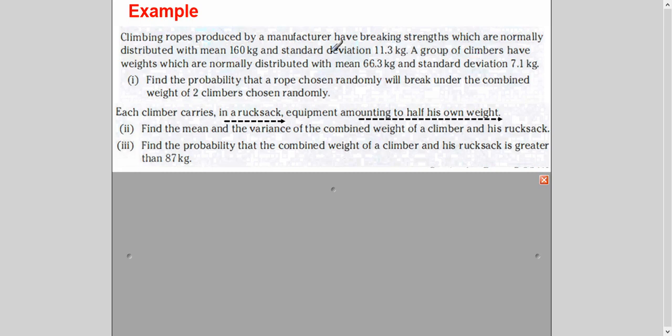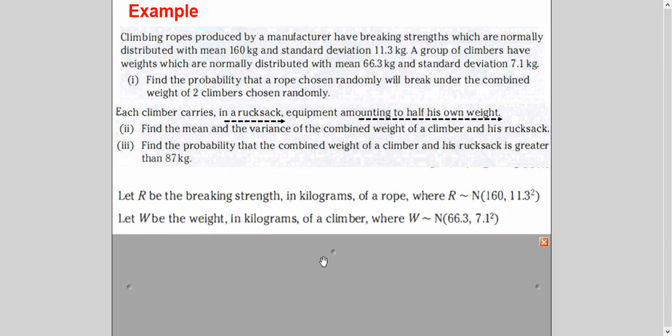Whereas for the climber, the normal distribution with mean weight in kg is 66.3 and standard deviation is this. So let's write it down in the form of distribution here. So rope strength we are representing by R and climber's weight by W.